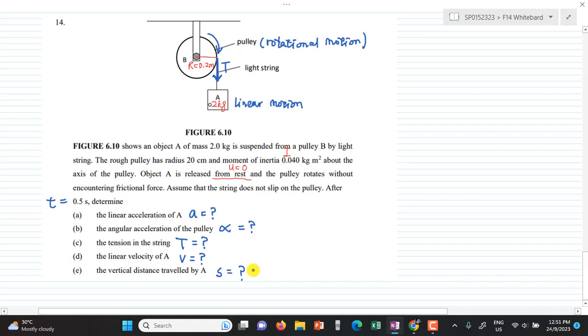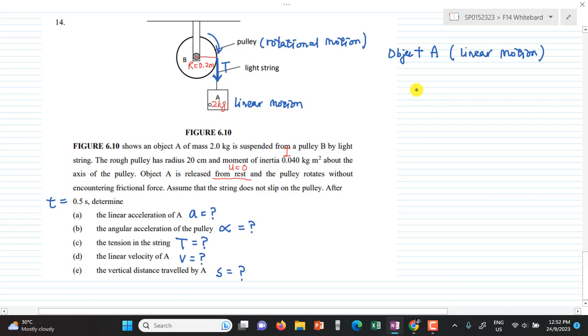So in order to solve this question, because we want to find the linear acceleration, we can calculate it by relating the rotational motion and linear motion. Maybe we consider object A first, because we want to find the linear acceleration of object A, which is doing linear motion.